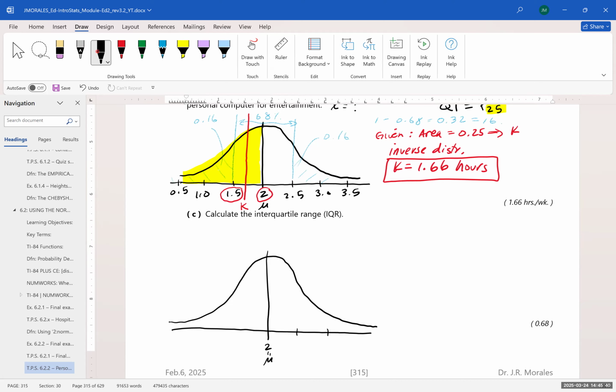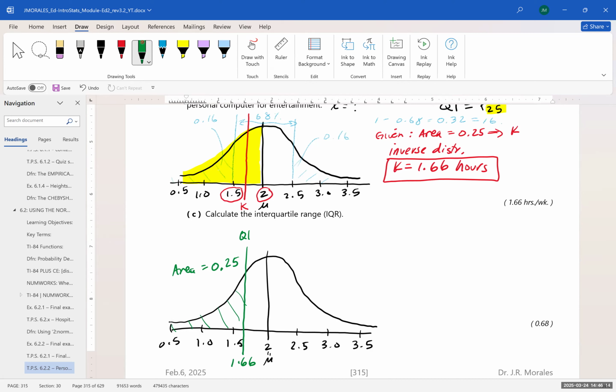Let me go ahead and put my 3 standard deviations above and below. And I just calculated previously that the first quartile was at 1.66. So this area right here is 0.25.